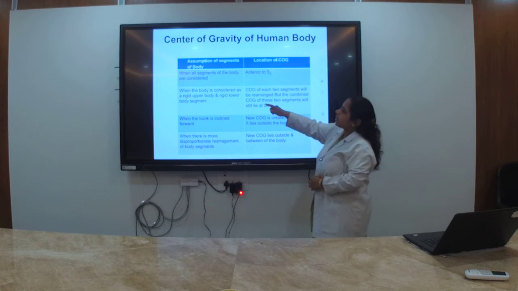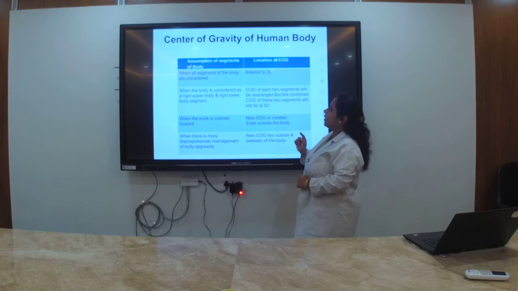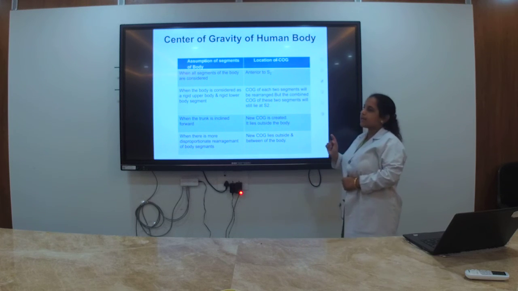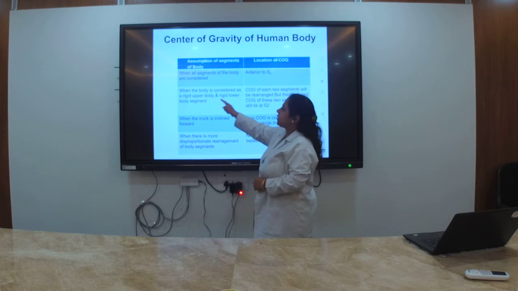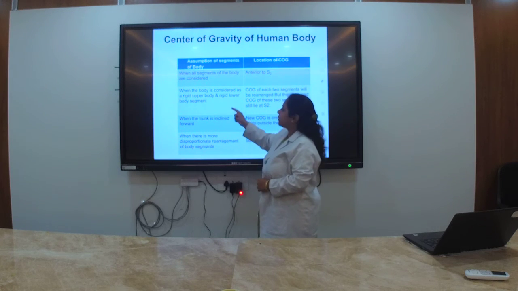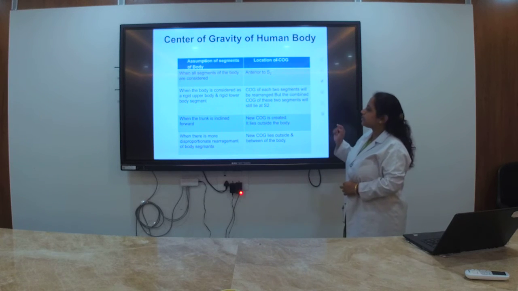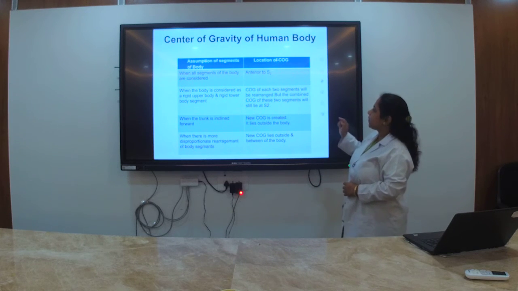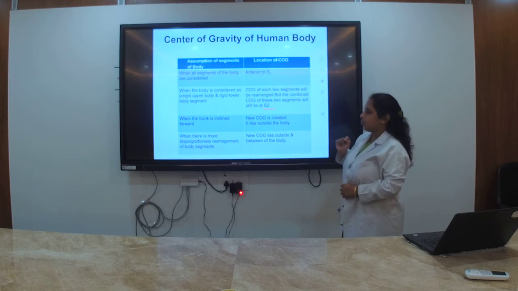So when all segments of the body are considered, it lies anterior to S2, that is the second sacral vertebra. When the body is considered as a rigid upper body and rigid lower body, the new COG of two segments are again considered, but the combined COG again lies at S2.